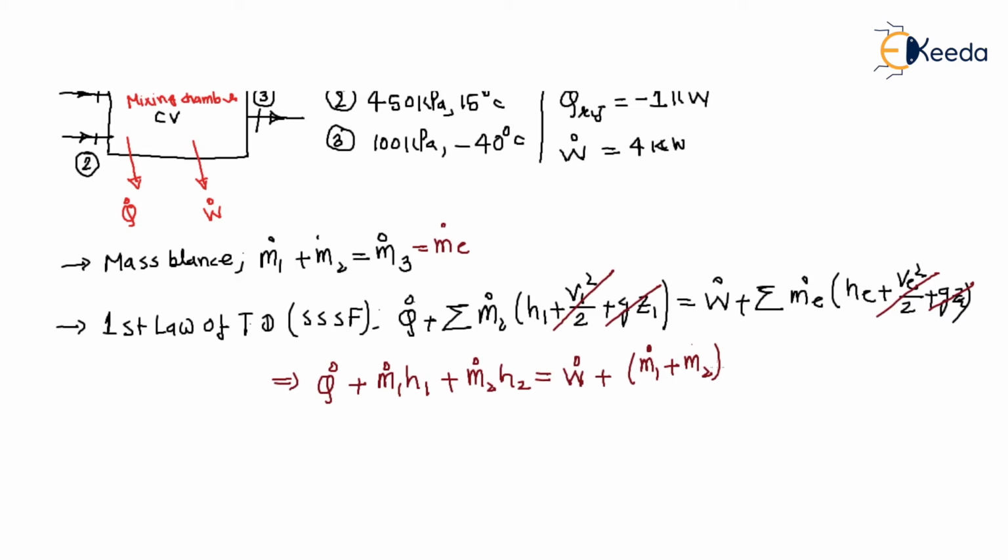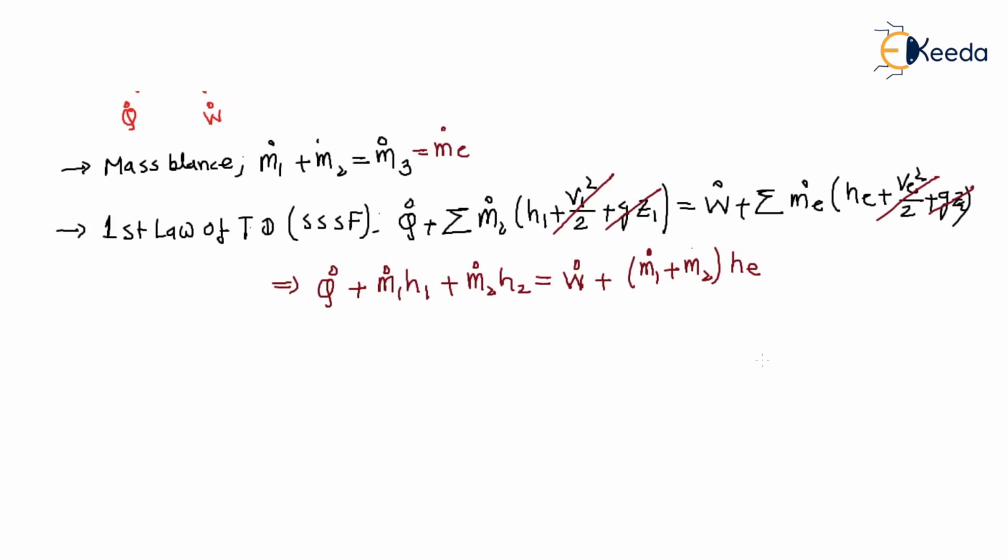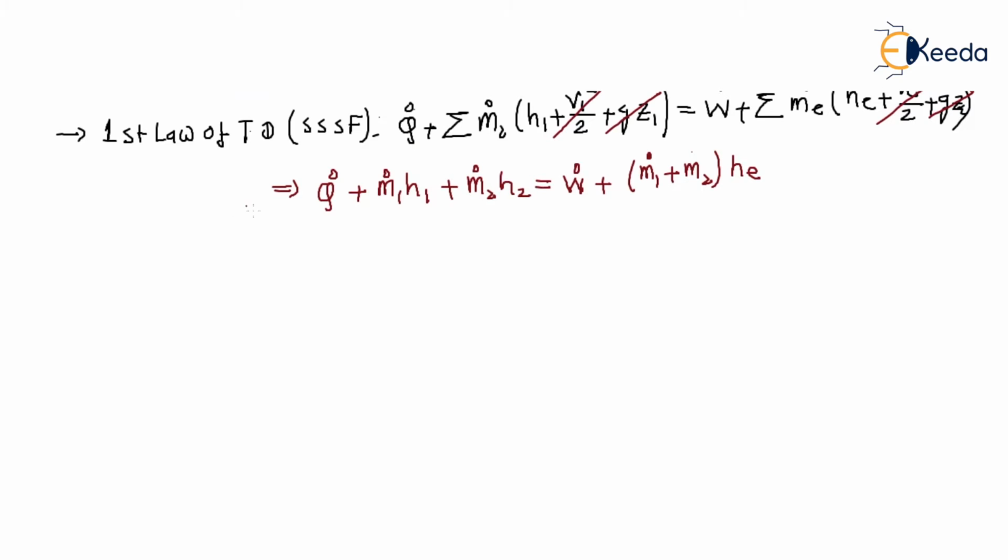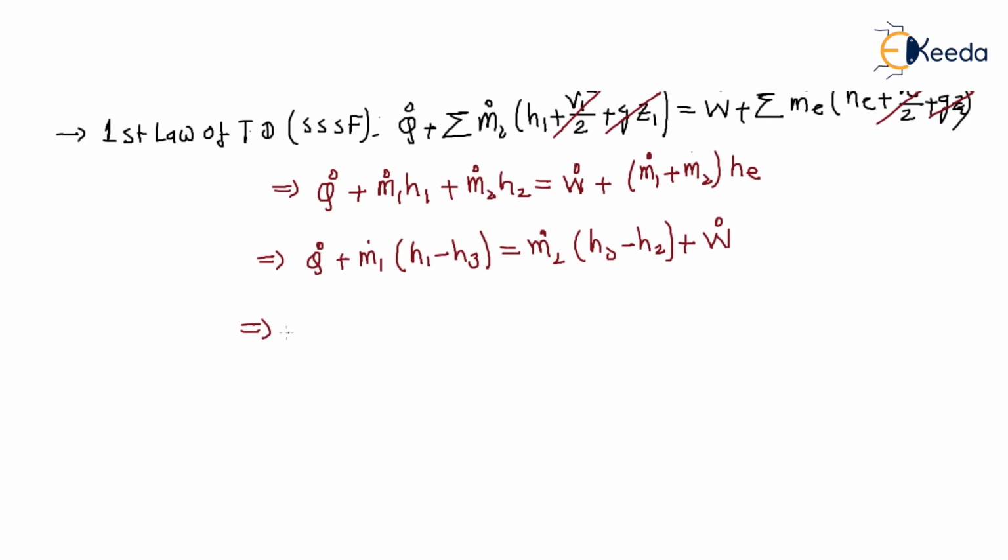So this is your required equation. Now rearranging the values: Q dot plus M1 dot times (H1 minus H3) plus M2 dot times (H2 minus H3) equals W dot.